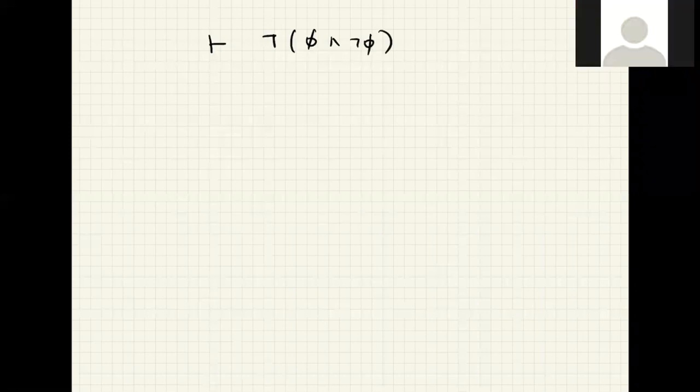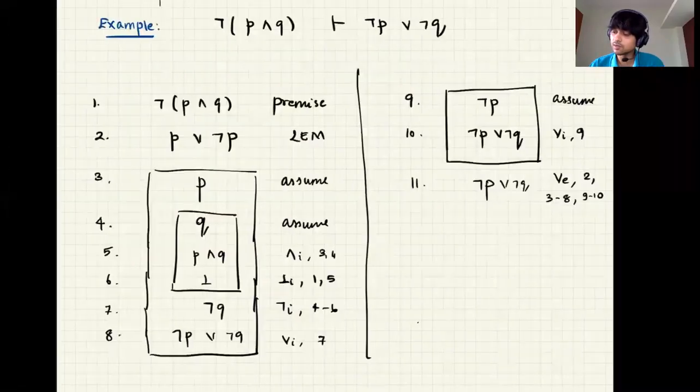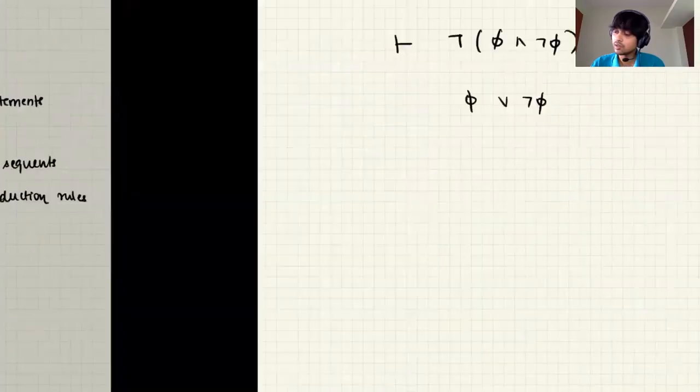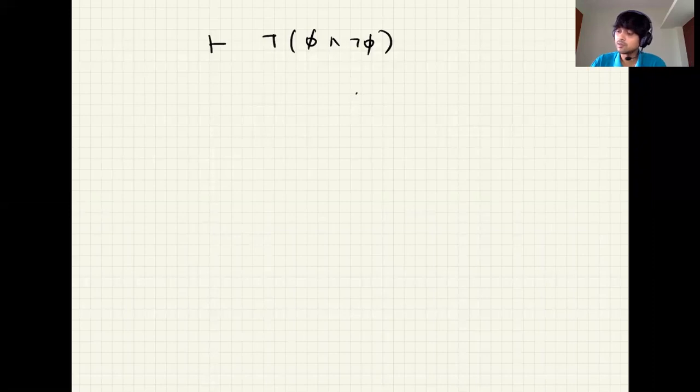I can apply LEM to get phi or not phi. And then possibly using the same thing, not of (P and Q) derives not P or not Q. Essentially, this is simple.